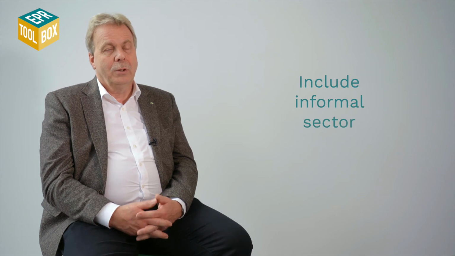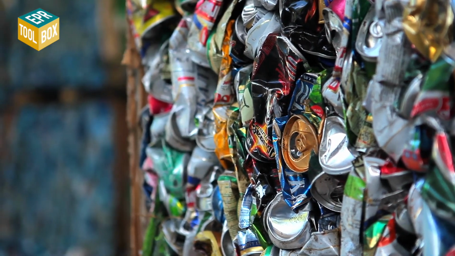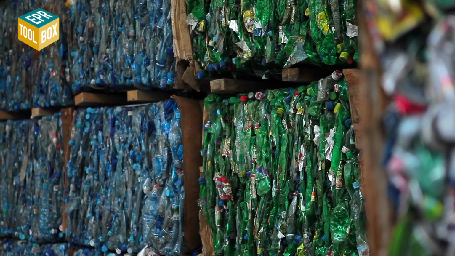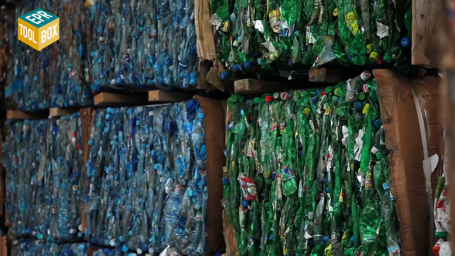And to build a system that includes the informal sector in combination with the deposit system would make sense, of course, to create a certain amount of tonnage that can be sold then to those who recycle it.